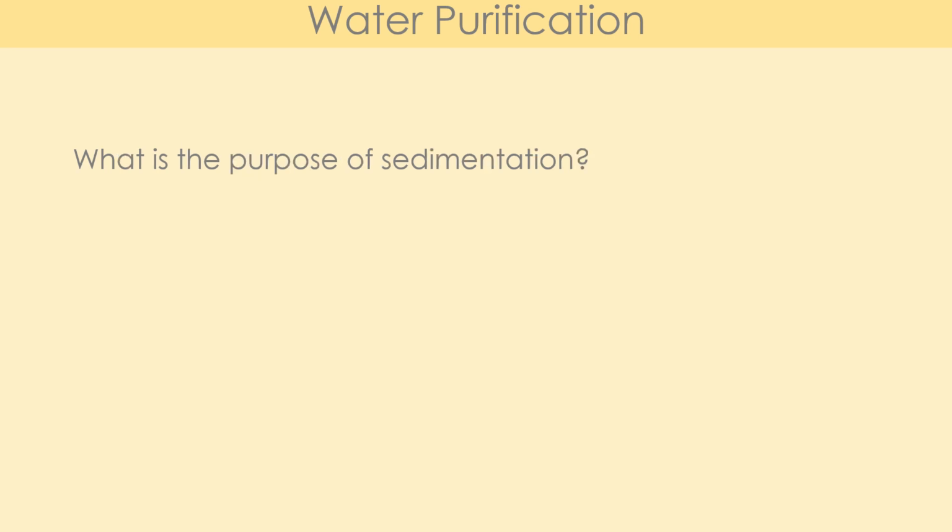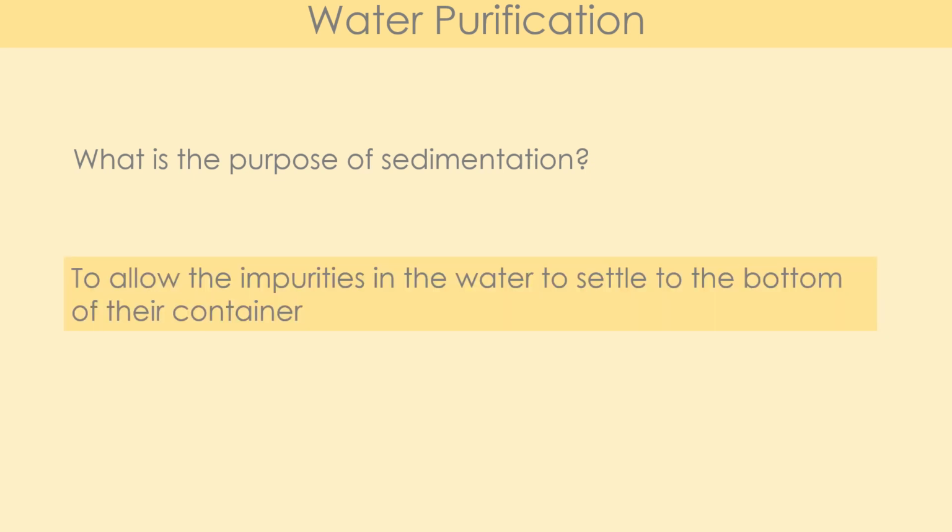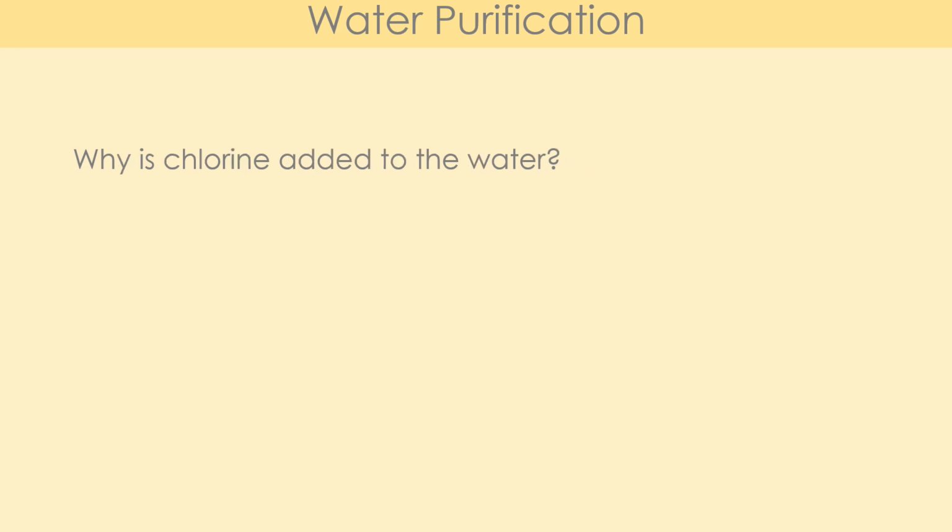What is the purpose of sedimentation? Please pause the video. You should now only be watching if you've answered the question. And it is to allow the impurities in the water to settle to the bottom of their container, or sink to the bottom of the container.